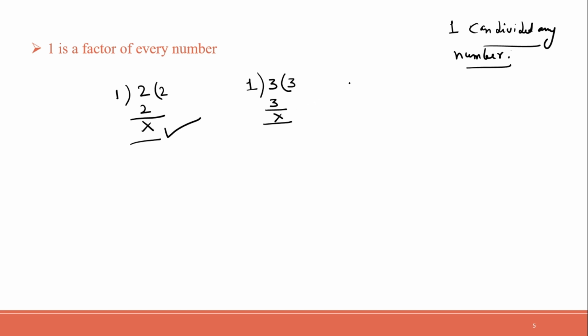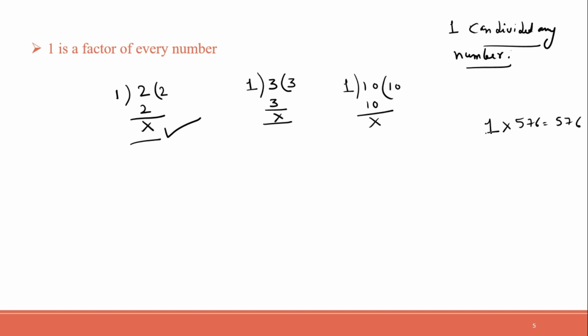Right? Now let's check for 10. 1 into 10 is 10 and still no remainder. That means I can say that if I multiply 1 with any number, let's say 576, it will become 576.